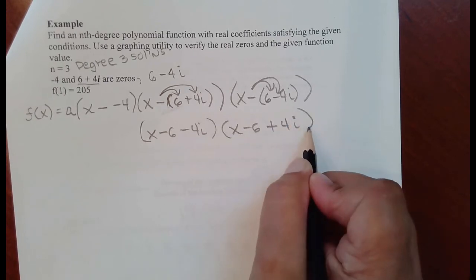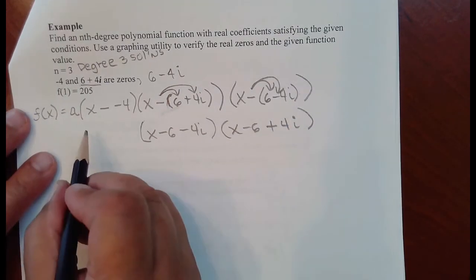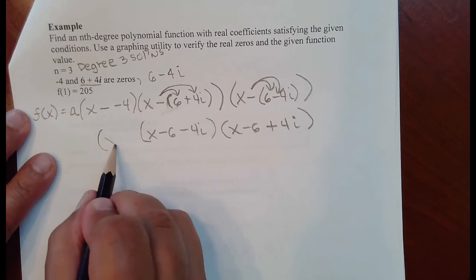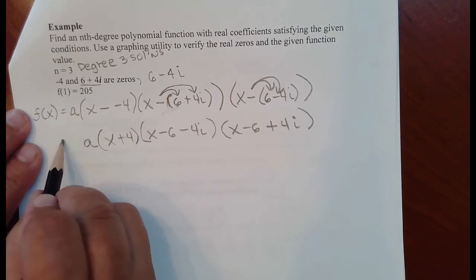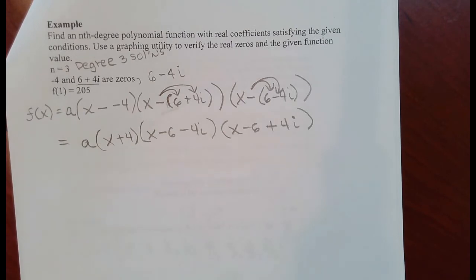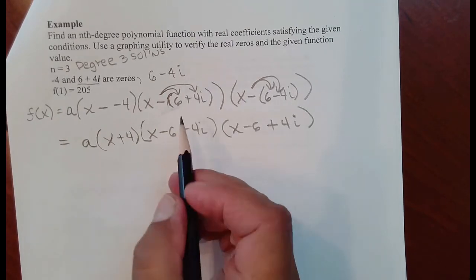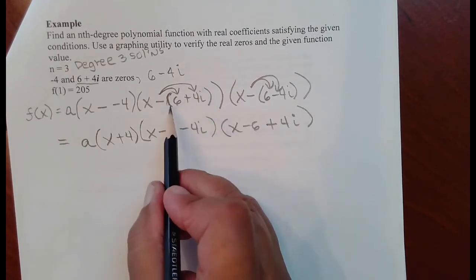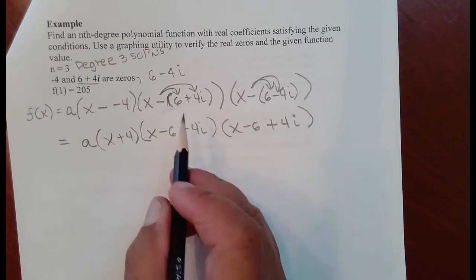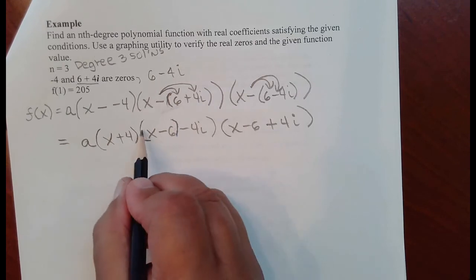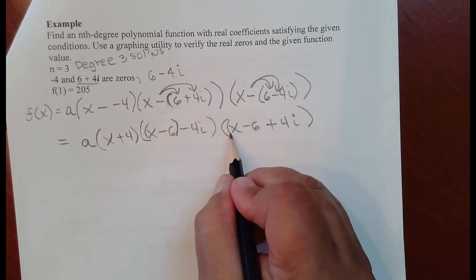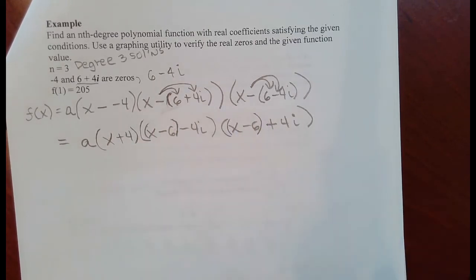I'll clean up this double negative and write it as x plus 4. I'm still looking at these as conjugates. See how I had the parentheses around the back two terms? Now I'm going to slide them up and let them be around the front two terms, just so you can see that you're still dealing with conjugates.